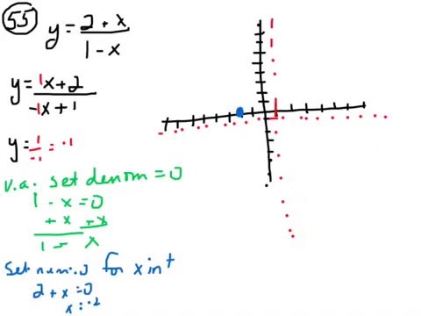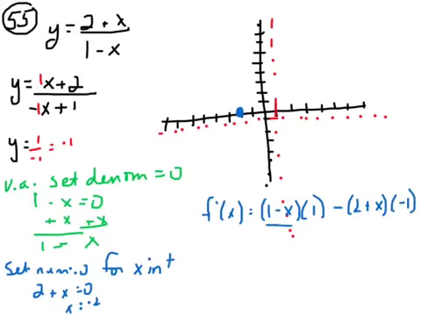For extrema, I can actually use calculus. If I take the derivative of this function and set it equal to 0, I can find my maximums and minimums. This is going to take the quotient rule: low d high, so the low, which is 1 minus x, times the derivative of the high, which is 1, minus the high, which is 2 plus x, times the derivative of the low, which is minus 1, over low squared.